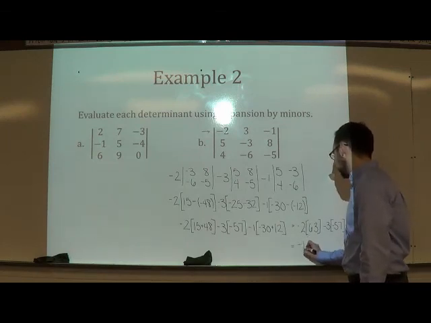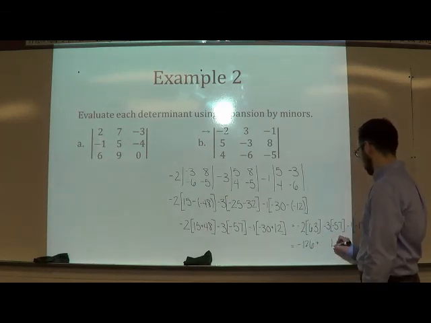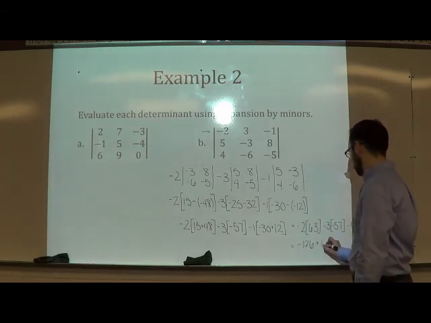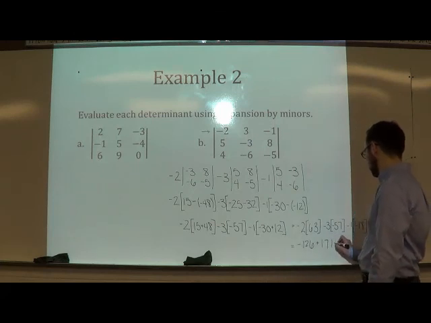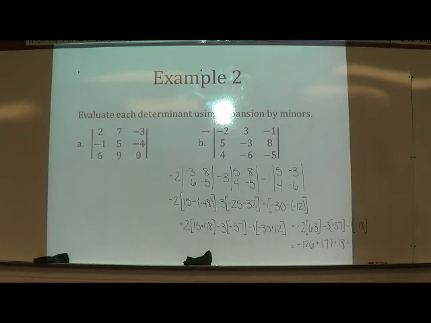So we have negative 126 plus 171 plus 18. We get a final answer of 63.